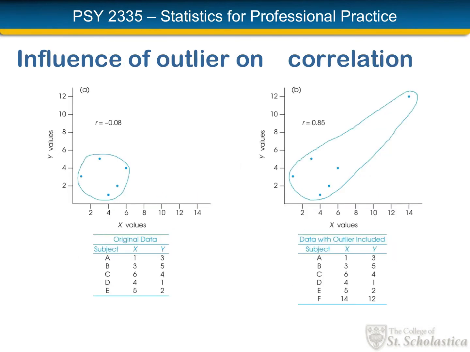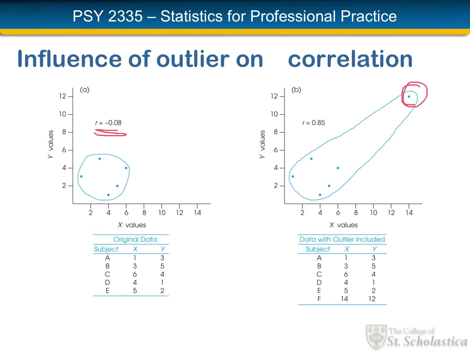The computations in this set of graphs show us just how dramatic the impact of an outlier can be. In this little data set of 5 points on the left-hand side, I've got a very, very low correlation, 0.08, which is close to 0, and means that these 5 points show almost no relationship of the x and y variables. On the right-hand side, the same 5 points are there, but 1 point has been added, an outlier that's very high up and to the right.